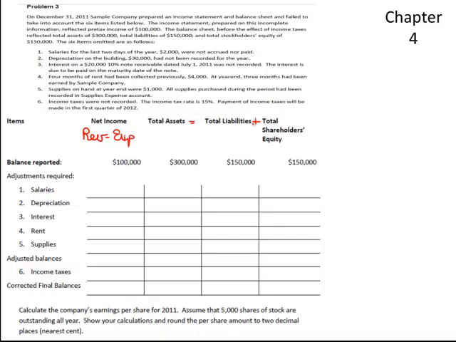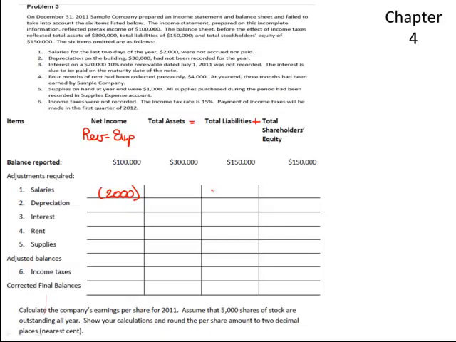So in requirement 1, it says if we forgot to accrue our salaries for the last 2 days of the year of $2,000, that means that if we did make that correcting entry, net income would go down by $2,000 because it would be debit salaries expense and credit salaries payable.